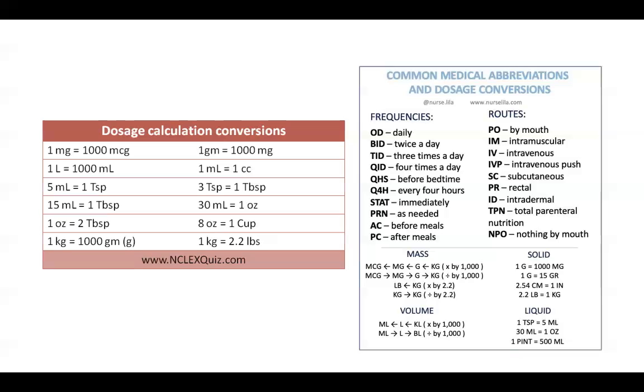So you want to make sure that you are familiar with it, especially the dosing frequencies, because a lot of times that'll trip you up when you're trying to solve problems if you don't know that TID is 3 times a day, or QID is 4 times a day, or QHS is bedtime. Okay, so just make sure that you commit those to memory as well if you haven't already. Okay.